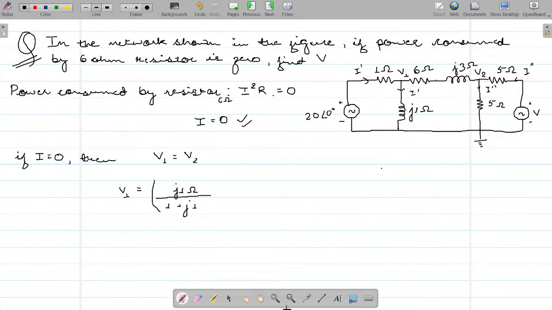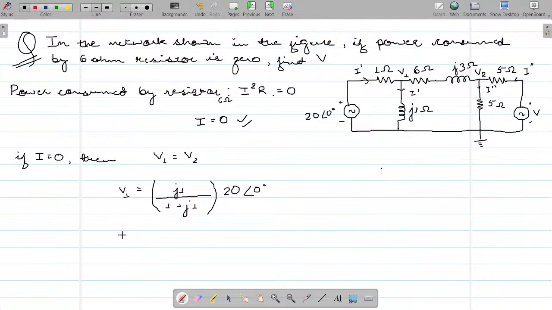Again, I'm avoiding writing ohm everywhere so that it does not look clumsy. And what is the potential across it? It is the voltage division, right? And the potential which is dividing is 20 angle 0 degrees, given to you, right? So this will give you your V1.